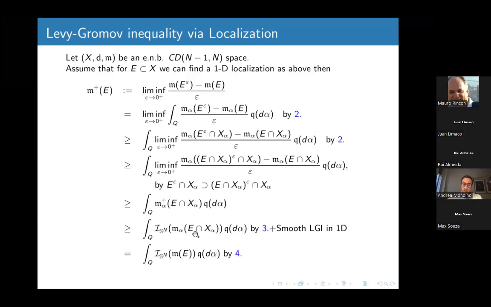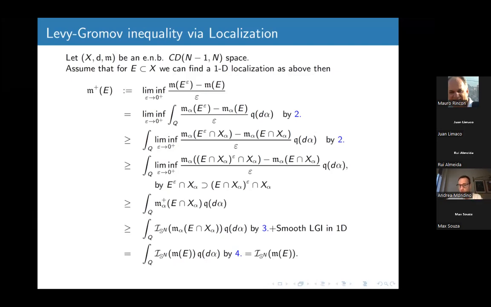Now I observe that the intersections of E with X alpha all have the same volume with respect to M alpha, and it's the volume of E, and this was property 4 before. All right, but now this does not depend on alpha anymore. Q was a probability measure, so I can take it out, and putting everything together, we have a lower bound on the boundary measure of E with the isoperimetric profile function of the sphere, which is the Lévy-Gromov inequality.